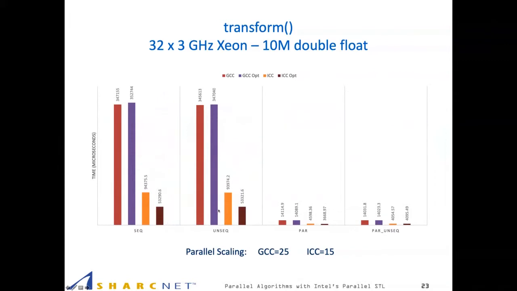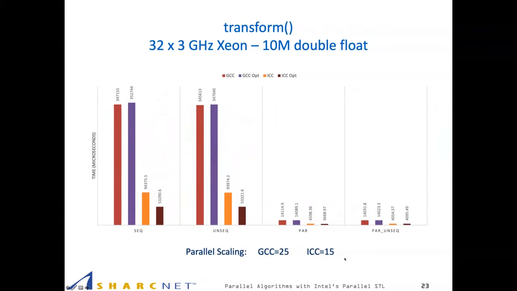But there is not much difference between sequential and unsequential for the Intel compiler, and also GCC. So it shows that it's not really working for OnSec and par OnSec, but the parallel version is about 25 times faster for GCC, and 15 for ICC.